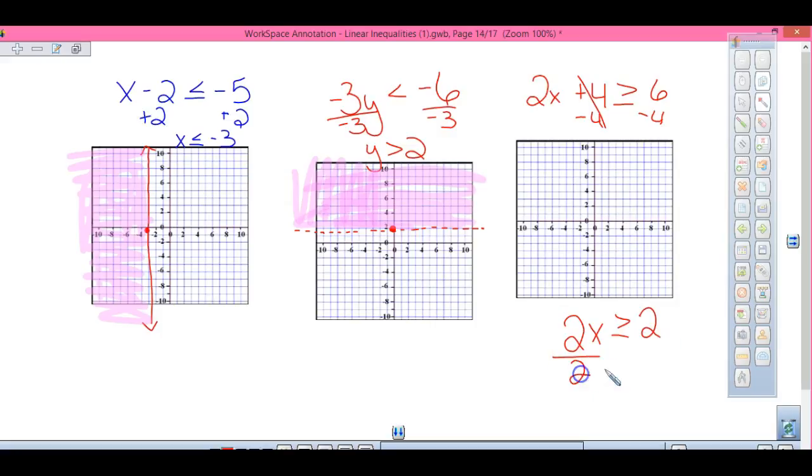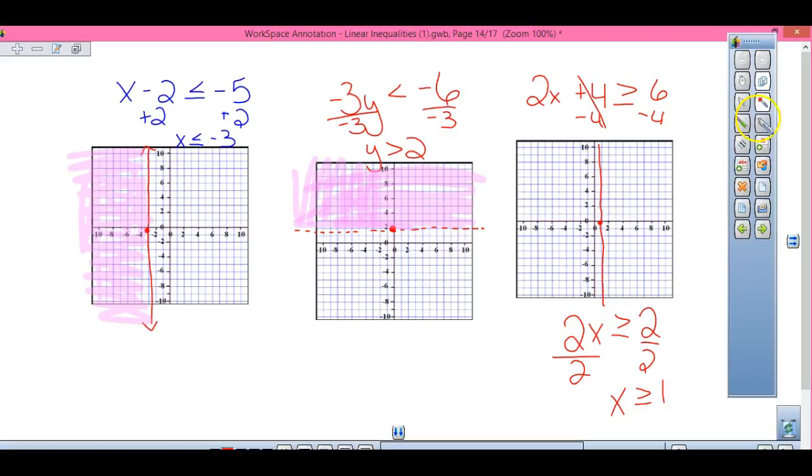Divide by 2. Greater than or equal to 1. So we go where x is 1. What kind of a line? Vertical line, dashed or solid? Solid. And then where are my numbers greater than 1? On the left or on the right? On the right.